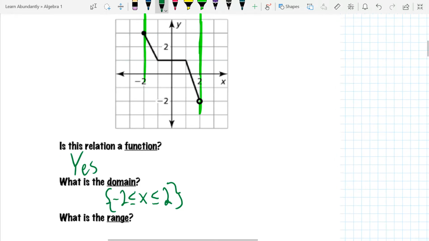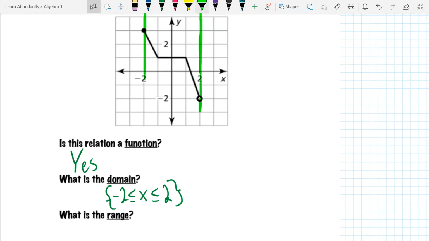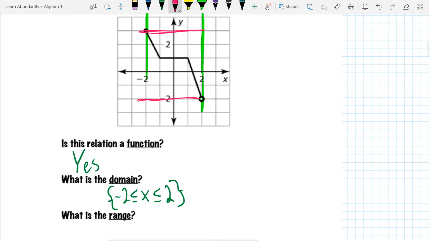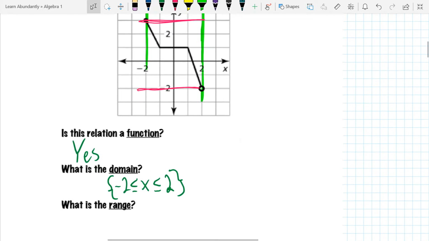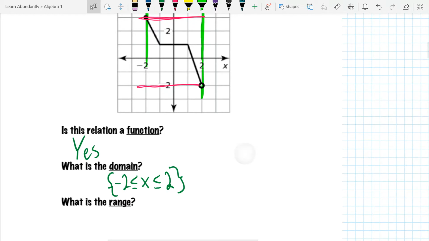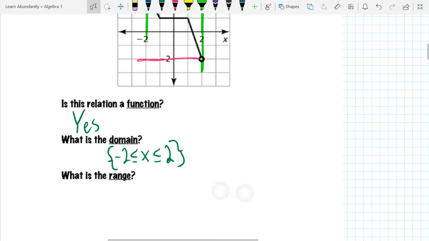The range does something a little weird, but we again go from -2, except this time we go up to 3. And we're talking about y for range.